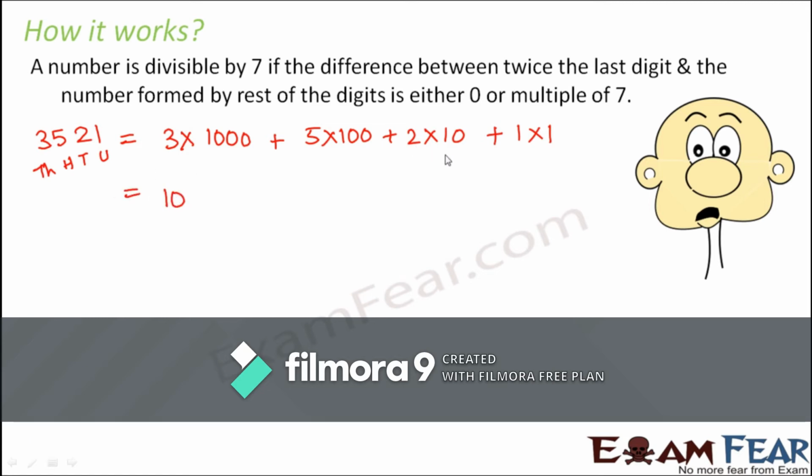Now, all these terms except the units place, all other terms are multiples of 10. Tens place, 100, 1000, 10,000, lakh, all of them would be multiple of 10. So we can write it as 10 into 300 plus 50 plus 2 plus 1. So we can write it in this form.